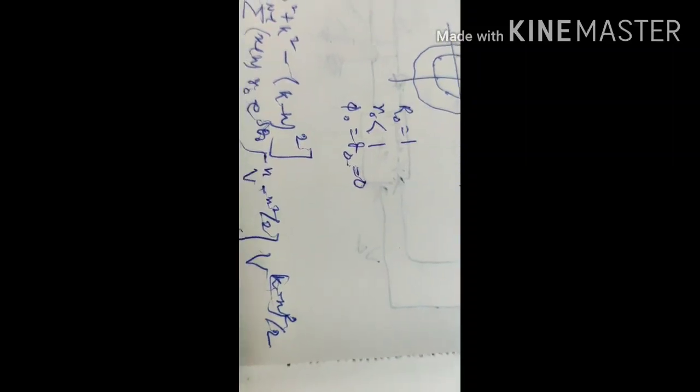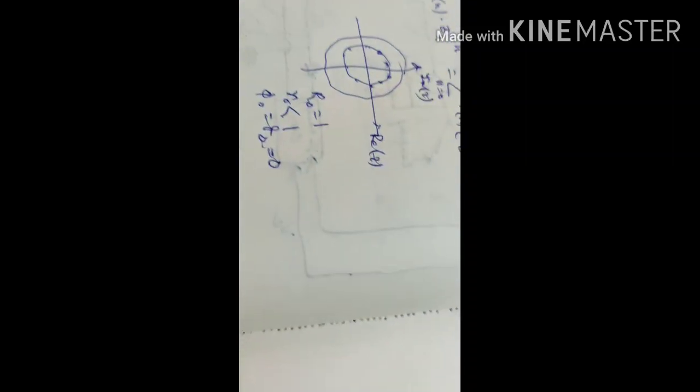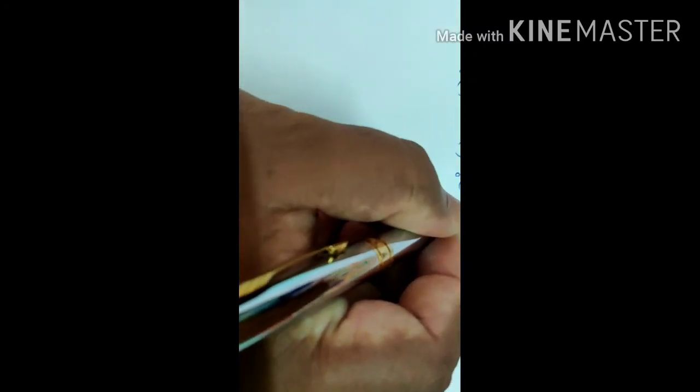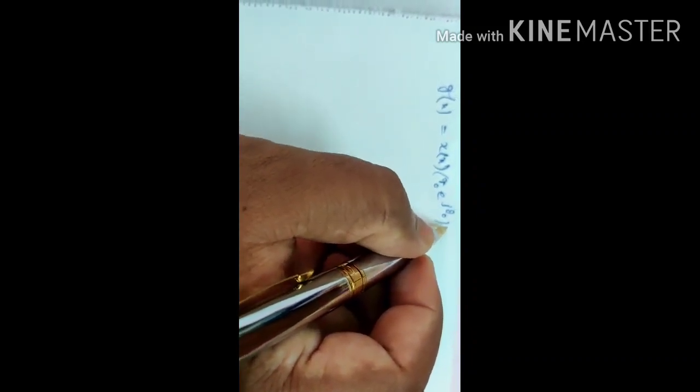And if the new sequence, that will be g(n), if we consider, then that will be equal to x(n) into (r_0 e to the power j theta_0) to the power minus n.